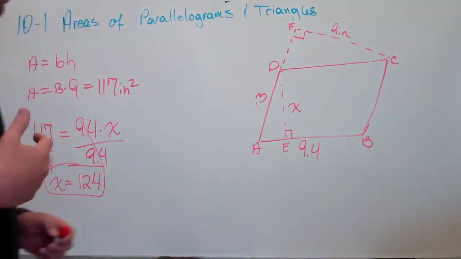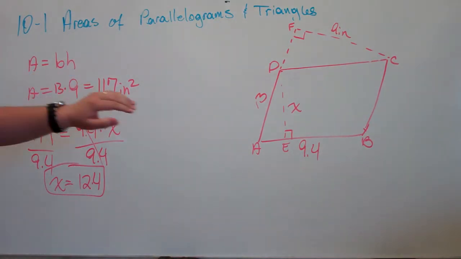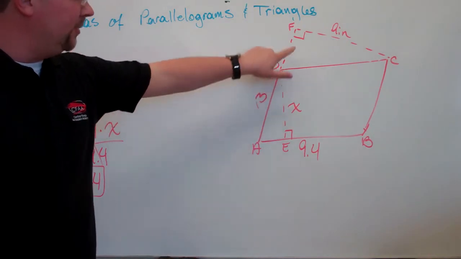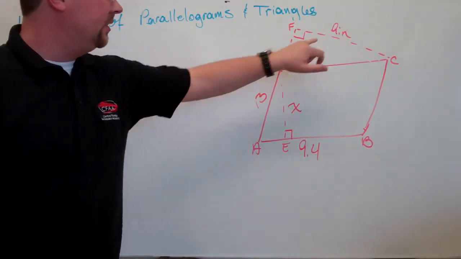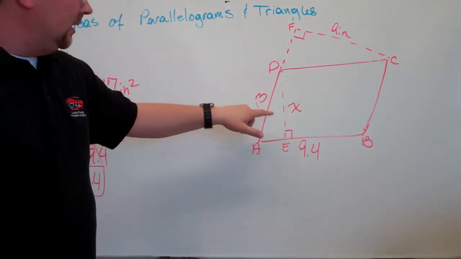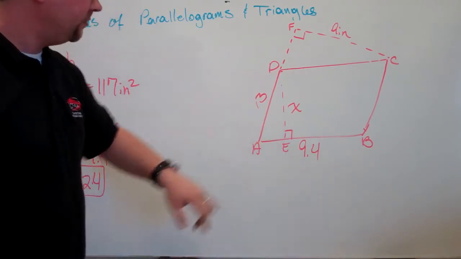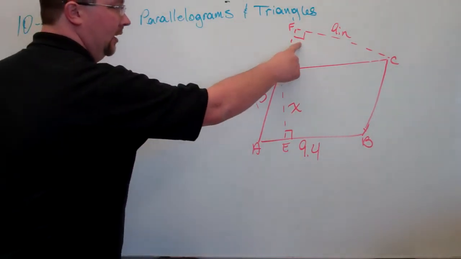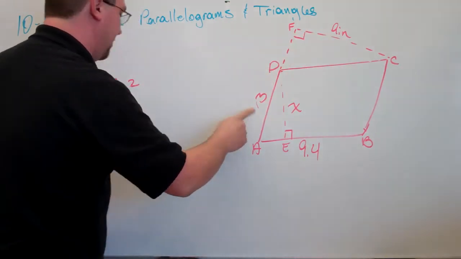Alright? So that's how you find the area of parallelograms. Basically, the first thing you need to do is look for two lines that are perpendicular to each other. Then make sure you have the length of the altitude and the corresponding base. Alright, so here we didn't have X, so we couldn't use this combo. So we had to look elsewhere. Well, we found that right angle, so we could use this combo, 9 and 13.